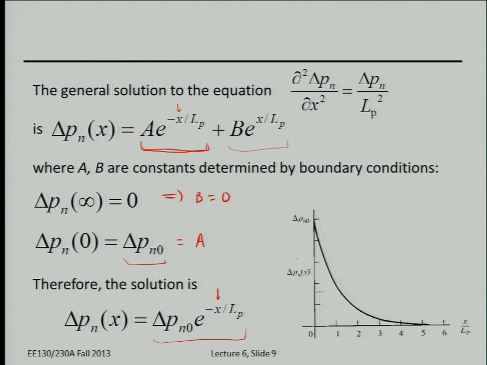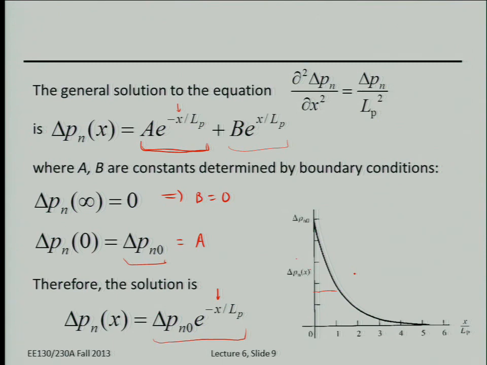So we're talking about something around here. On average, most of the carriers die out within a diffusion length. It does take a few diffusion lengths, like 5. This distance is normalized to L_p. So within a few diffusion lengths, the excess minority carrier concentration dies out.